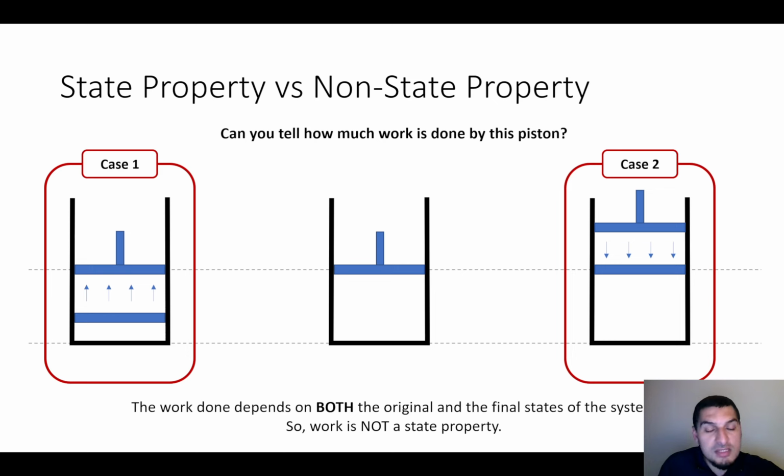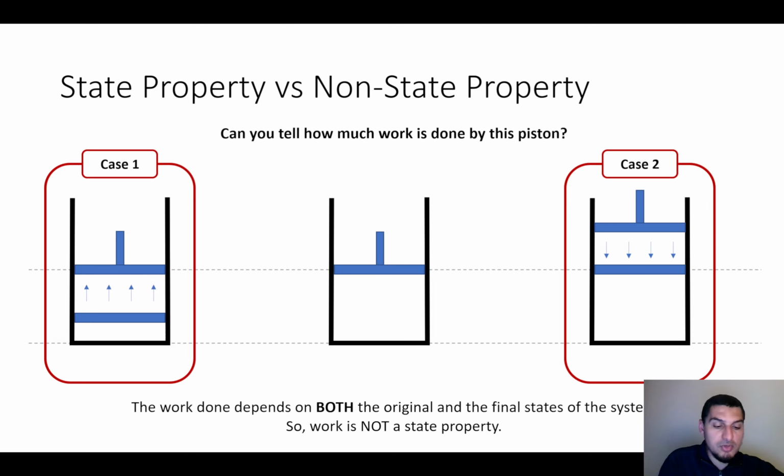If you know the current state of the piston, you will not be able to tell how much work it's doing or is done on the system without knowing where it was before. So the previous or the original state is important to know the value of the property. Without the previous conditions, there is no way we can figure this out. So this is a very important thing.